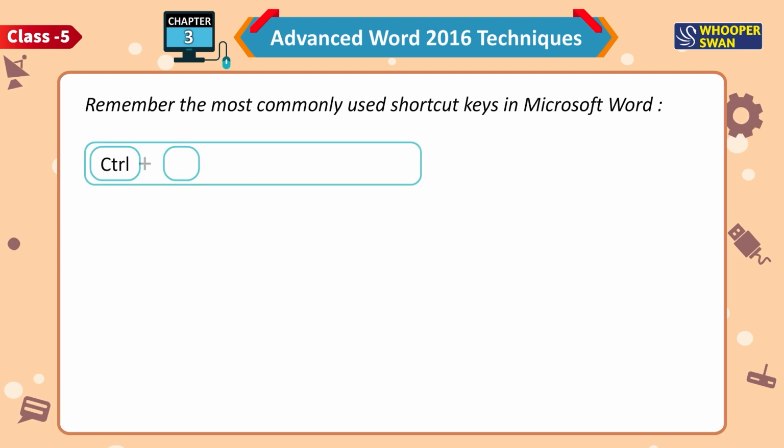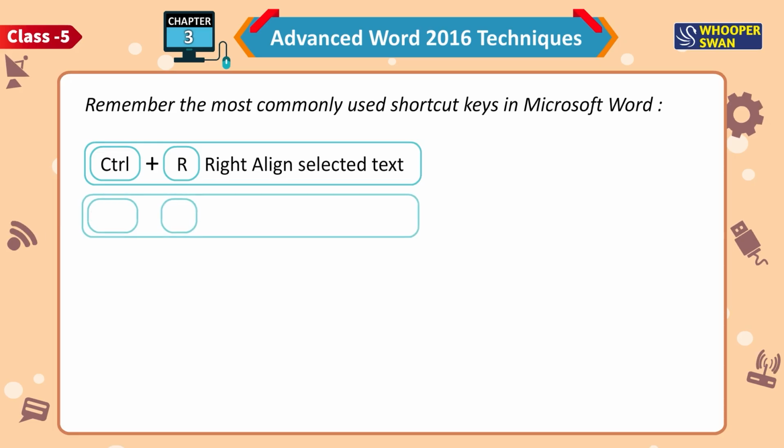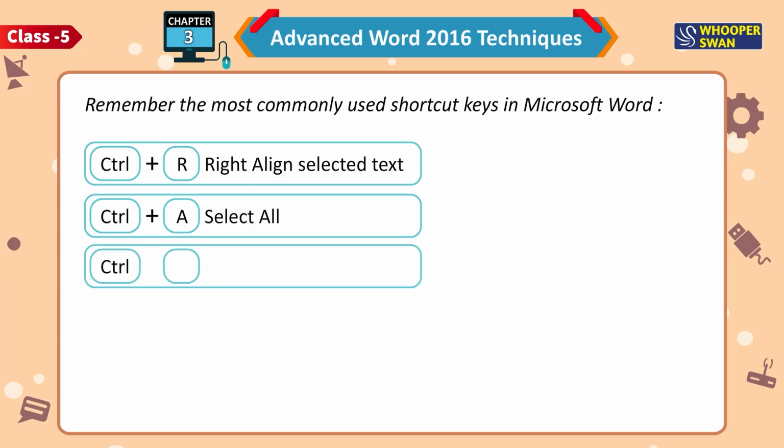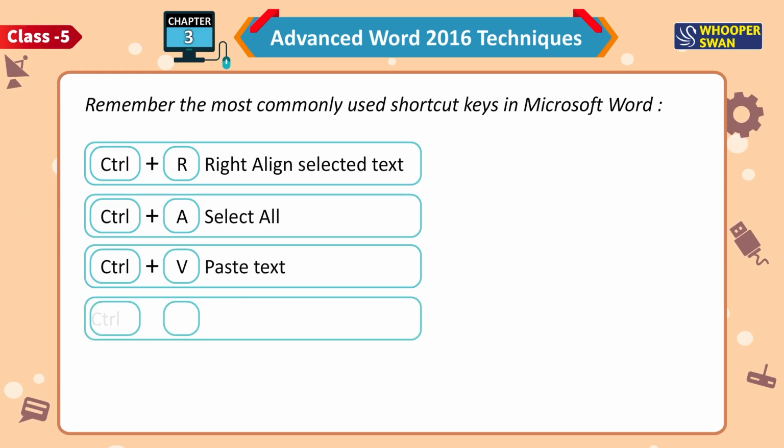Control plus R. Right align selected text. Control plus A. Select all. Control plus V. Paste text.